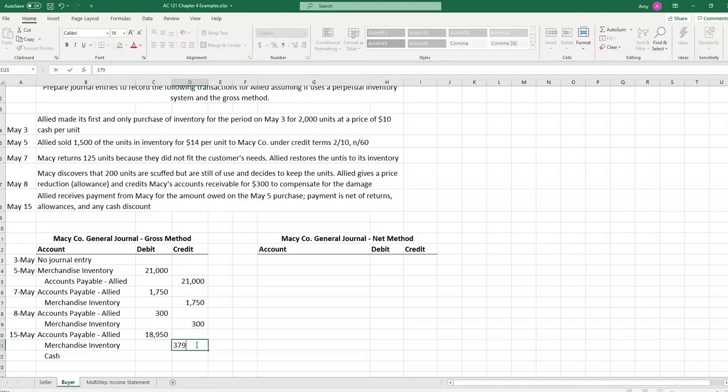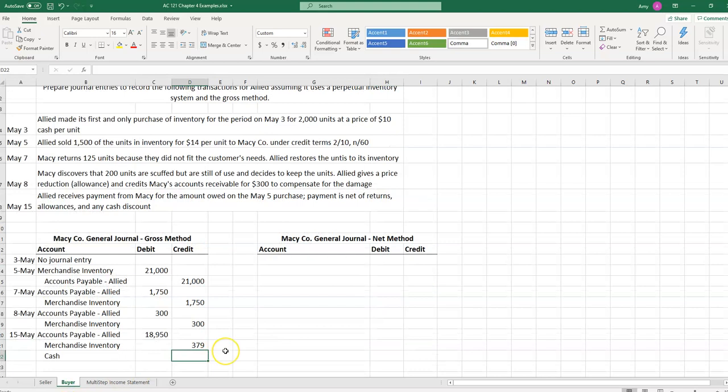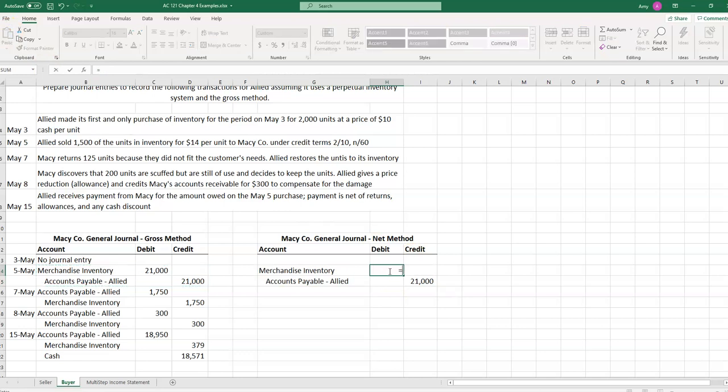We reduce our inventory by that discount of $379, and then we pay $18,571 in cash. Okay. For the net method, we see the same exact things as we did on the other one. For the net method, when we received that inventory, we would record it net of the discount. So with the belief that we were going to take that discount.